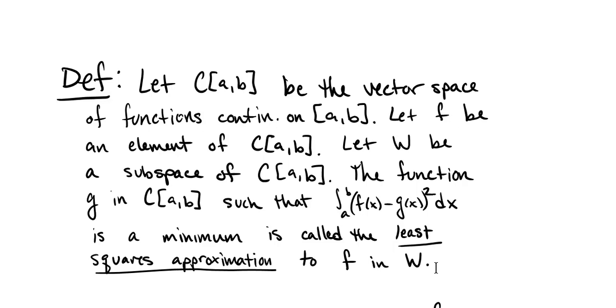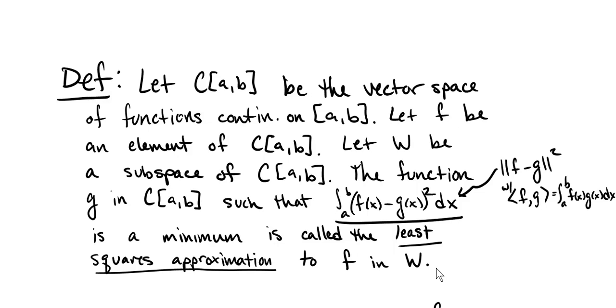Well, if you remember, this expression is really just the norm squared of f minus g using the usual inner product on C[a,b]. Using that usual inner product, this is really just the distance squared.